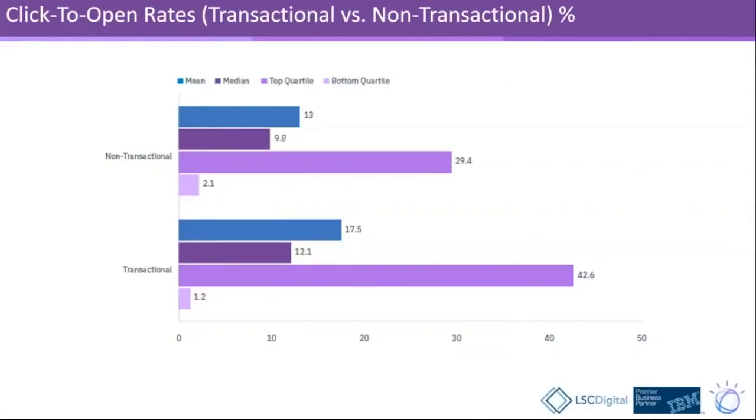And then again, we talked about the difference between transactional and non-transactional messages for open rates. Again, you can see a pretty significant difference for click-to-open rates in the transactional. Not quite double like it was for open rates, but still a pretty significant difference: almost 43% for the top quartile versus about 29% for non-transactional.